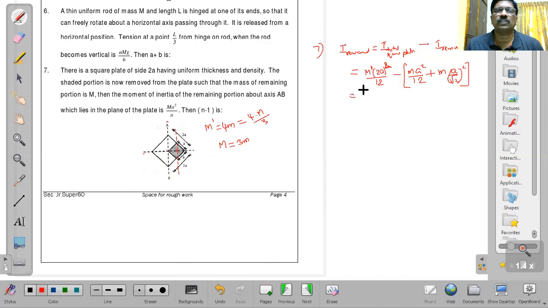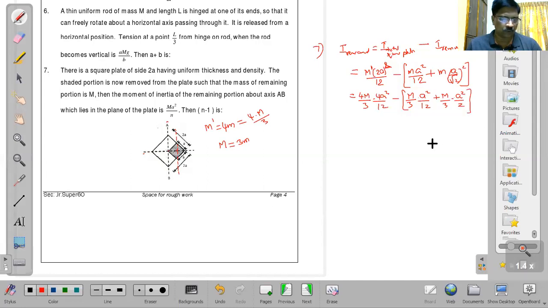You see, the total mass 4m means 4M by 3, into 4a square by 12, minus here small m means M by 3, so you write M by 3 into a square by 12, plus M by 3 into a square by 2.